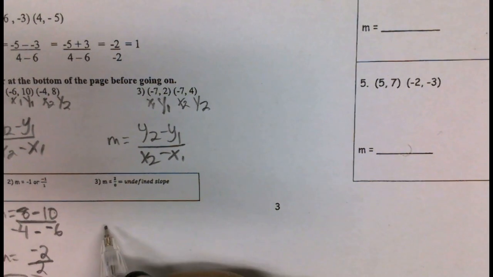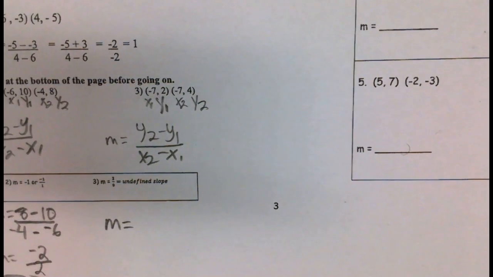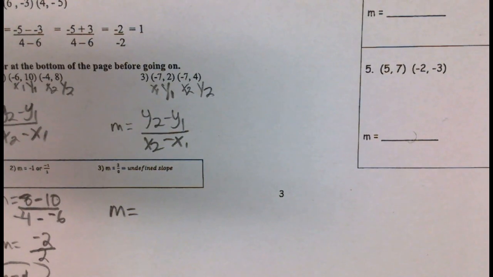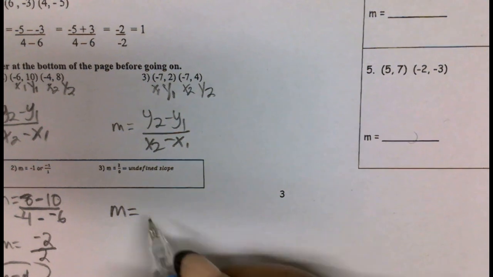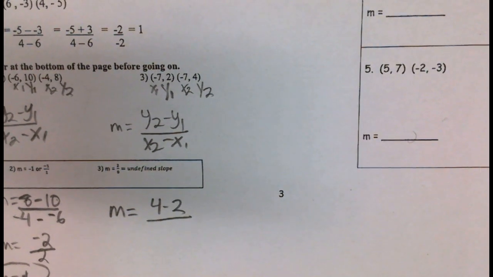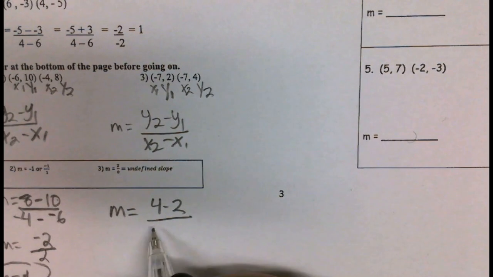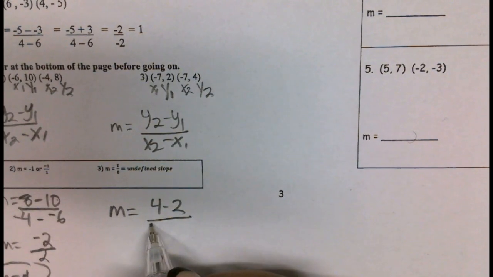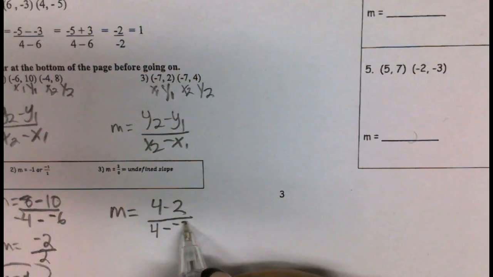What are we going to put on the top? What minus what, Kiana? Four minus 2. Good job. What are we going to put on the bottom, Yavin? Very good. Not negative. 4 minus a -7.